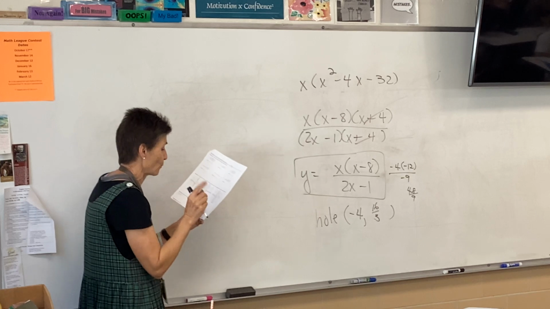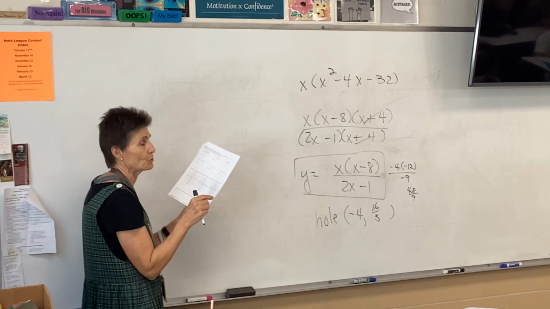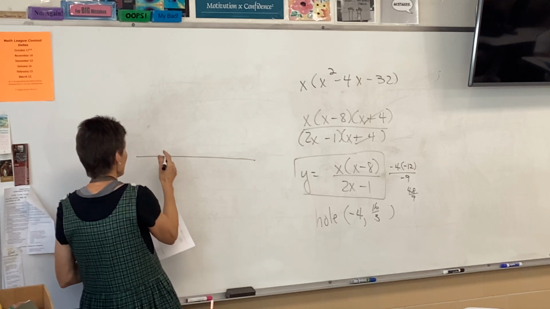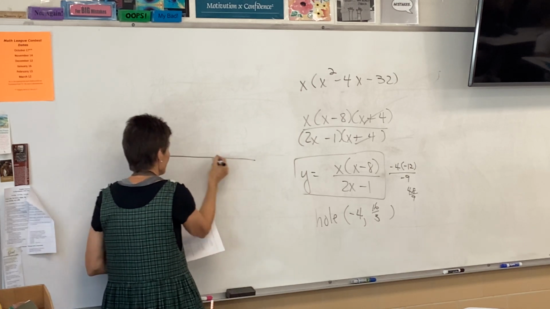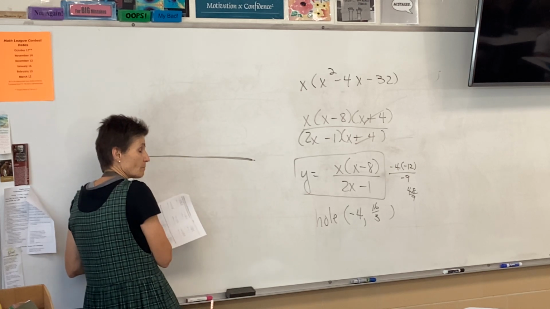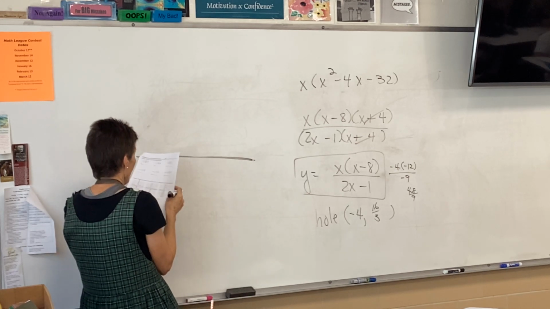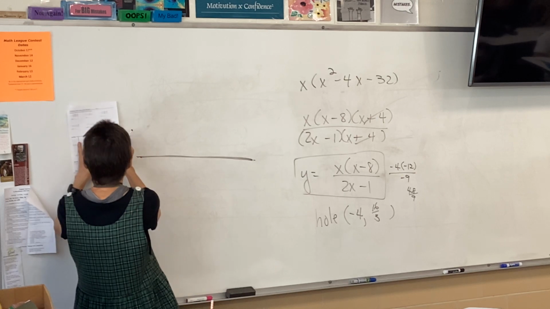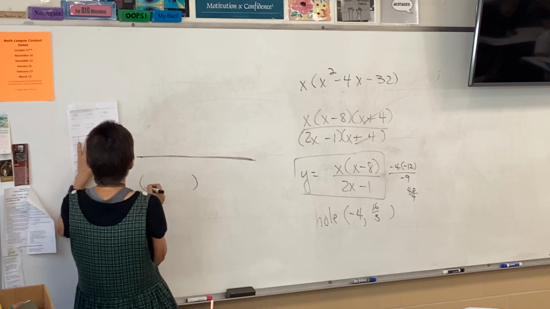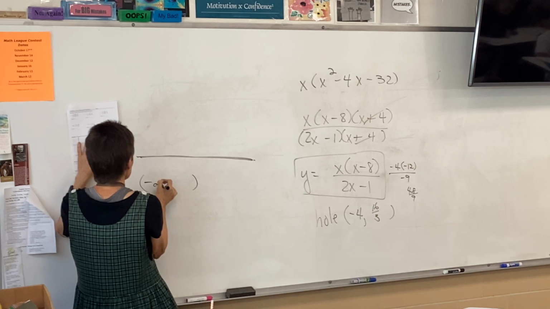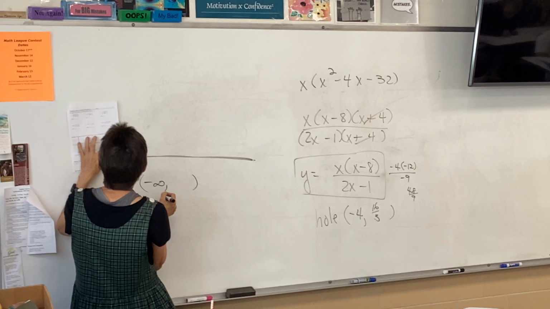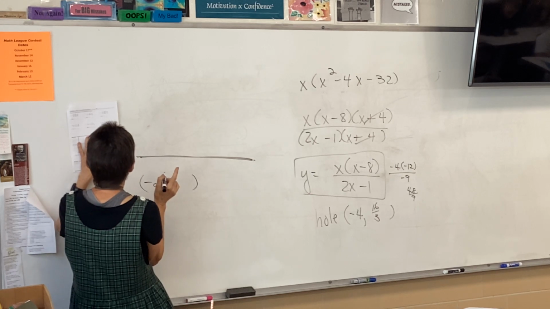Notice that it's greater than or equal to 0. So I will be looking at only the part of the graph from here up. Would you agree with that? Okay. So what part of the graph is from there up? Remember, it's x intervals, so here we go. Negative infinity to, remember, we gotta be positive.